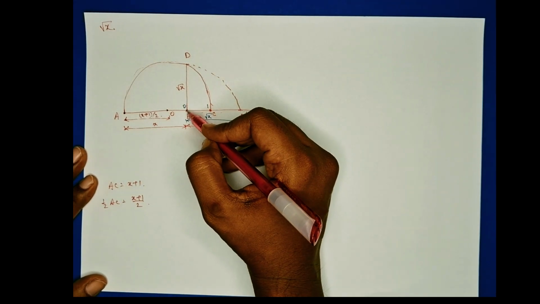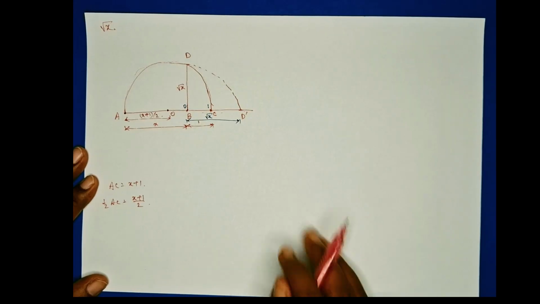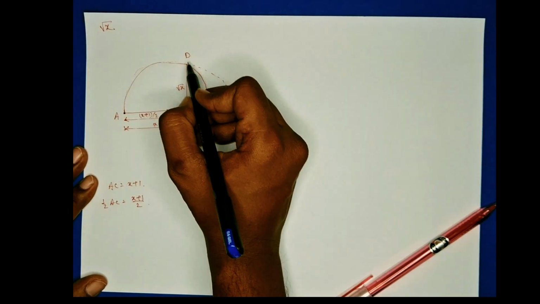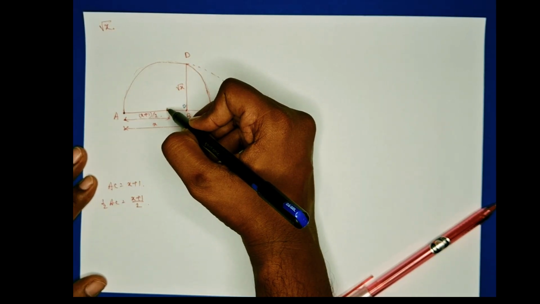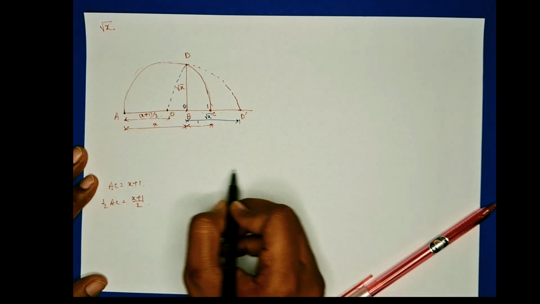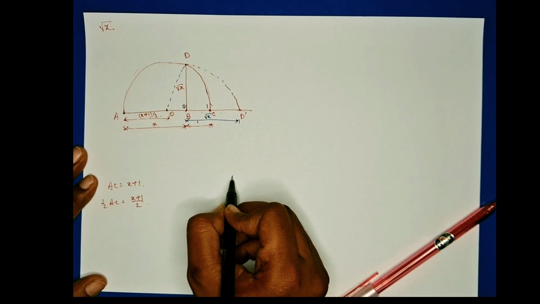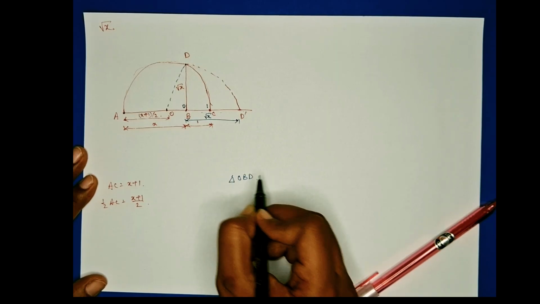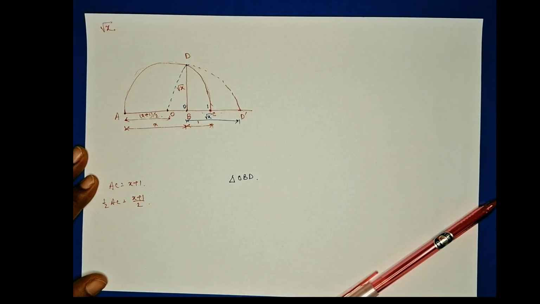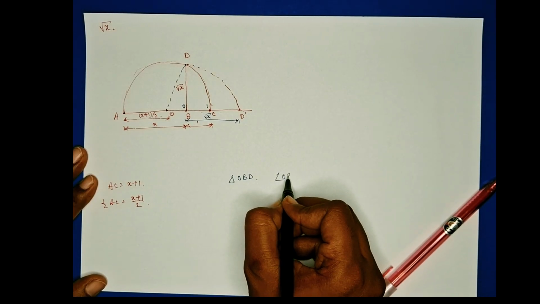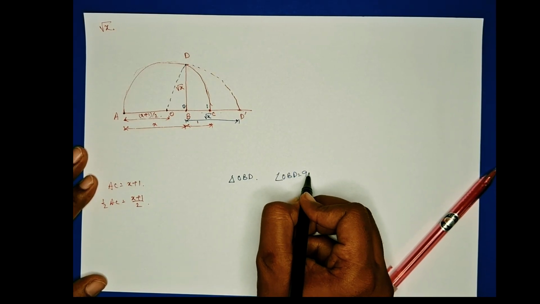We can prove this BD is equal to root x in some other way also. Let me join this OD also. Consider the triangle OBD. This is a right angle triangle, right? Where angle OBD is equal to 90 degrees.